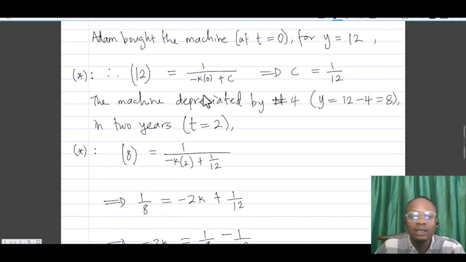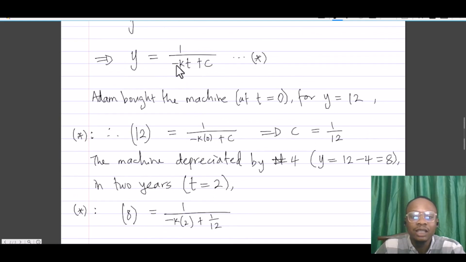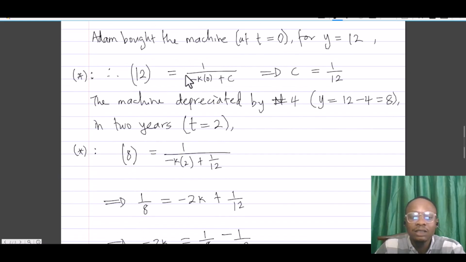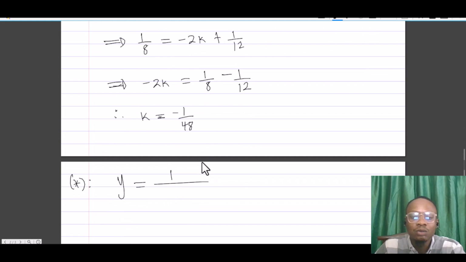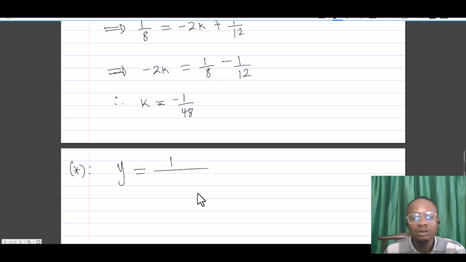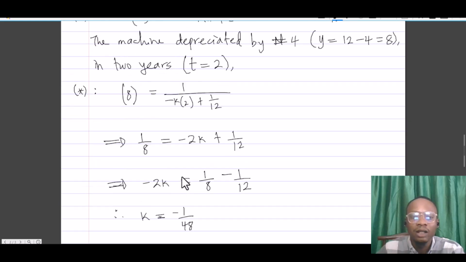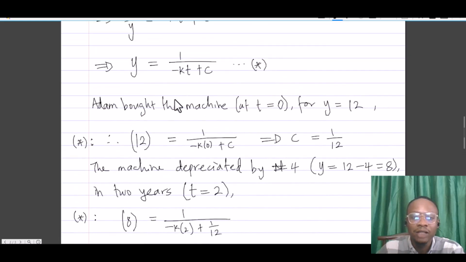Okay, so what we had here was minus kt. So we have now obtained k to be minus 1 over 48. So this is going to be 1 over minus of minus 1 over 48, that's 1 over 48 multiplied by t. So that is minus kt.